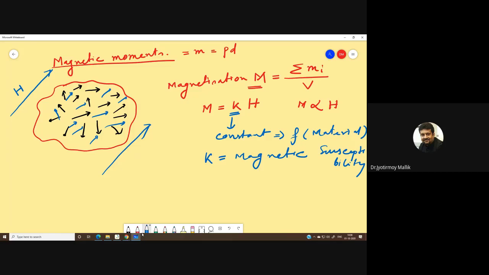Now, if you look closely at K, yeah, K is essentially a tensor, and any tensor can be represented by an ellipsoid, and it can be resolved in this ellipsoid with mutually perpendicular axes.